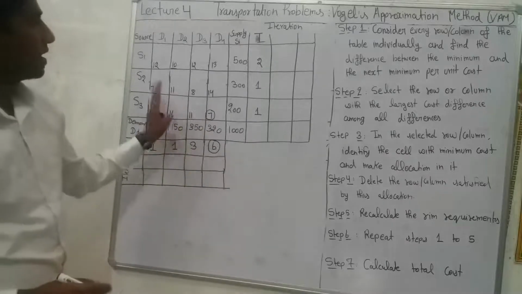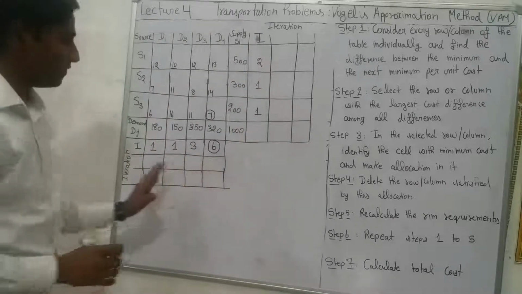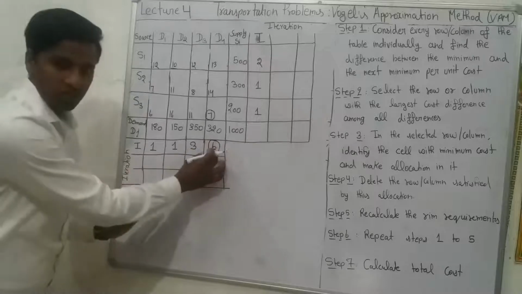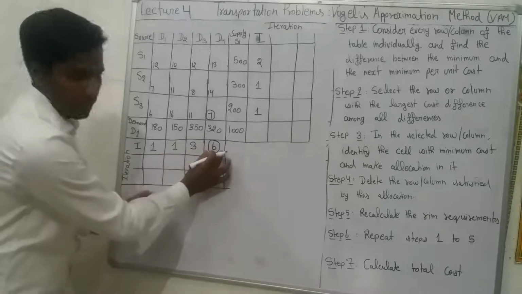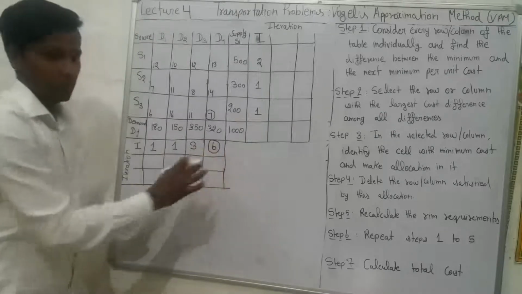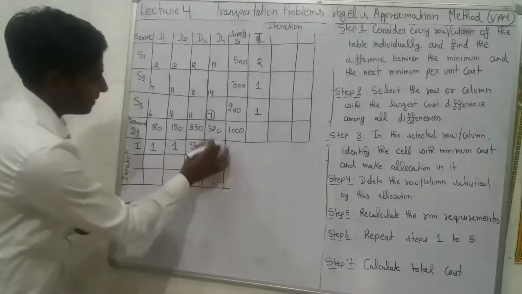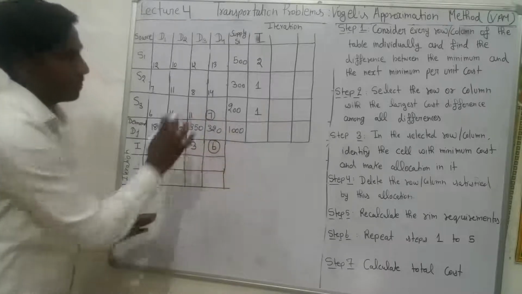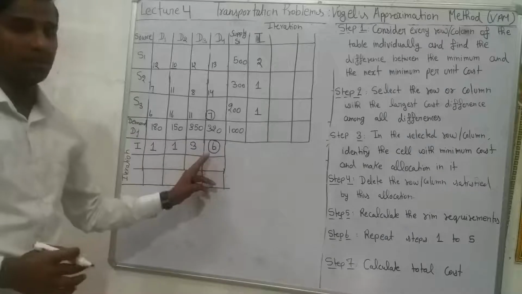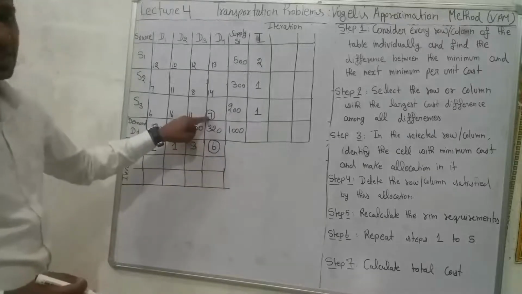Initially, we calculate the cost differences, then select the largest cost difference, and after that, in that column or row, in this case the column, identify the minimum cost. So the minimum cost is 7.